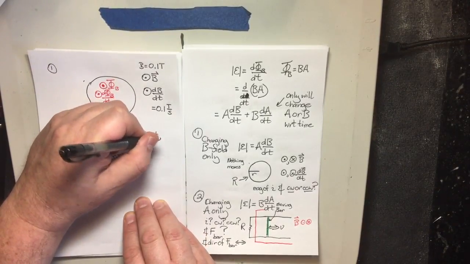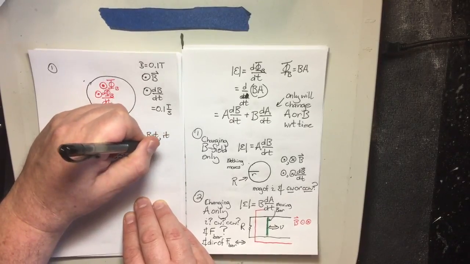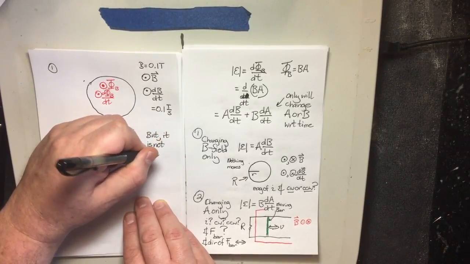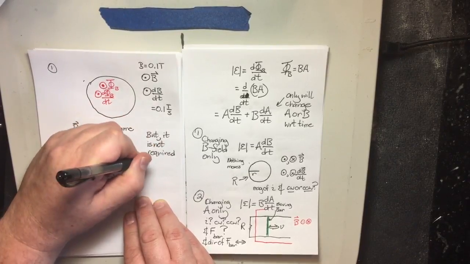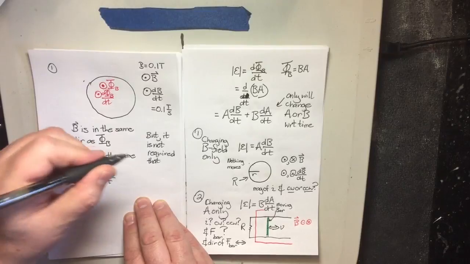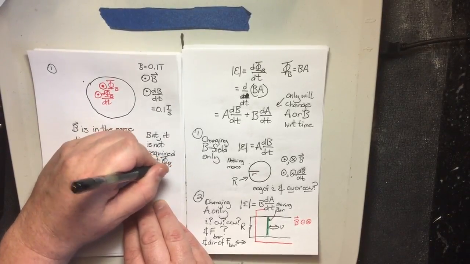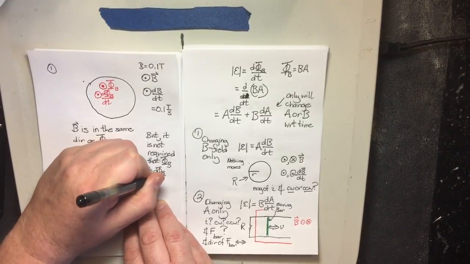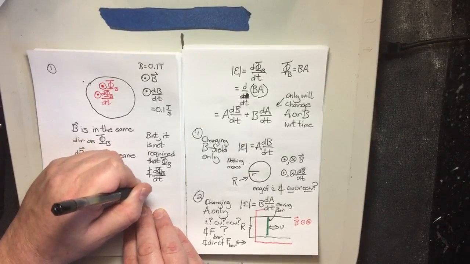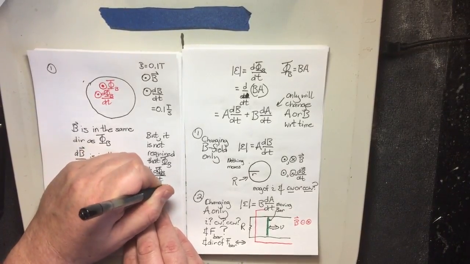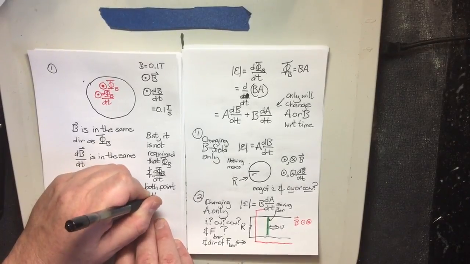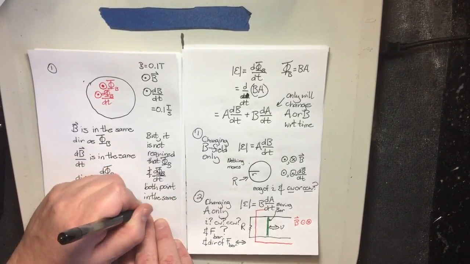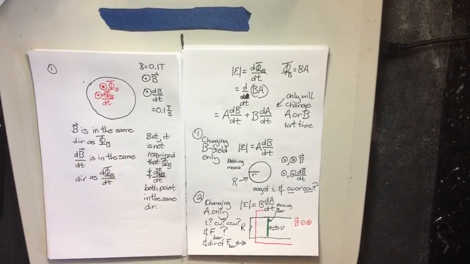But it is not required that the B field will always point in the direction as the magnetic flux.